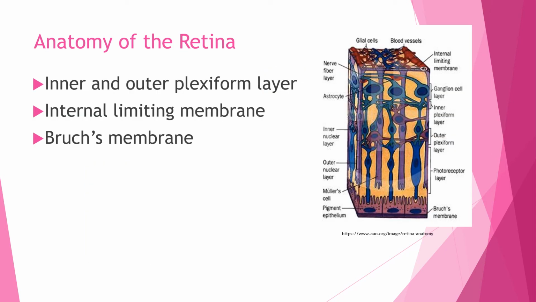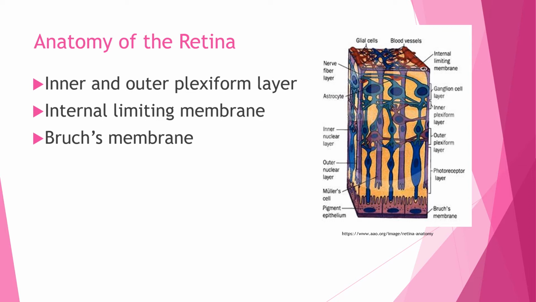Exploring the retinal layers a little bit more, the outer plexiform layer is a network of neuronal synapses in the retina. This layer houses the connections between horizontal cells and photoreceptors. Inner plexiform layer is also a network of synapses, this time between bipolar, amacrine, and ganglion cells.